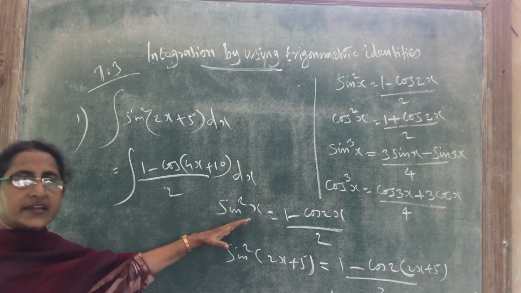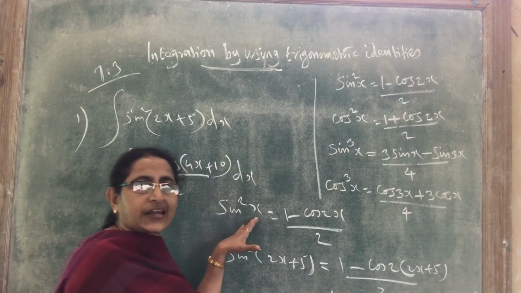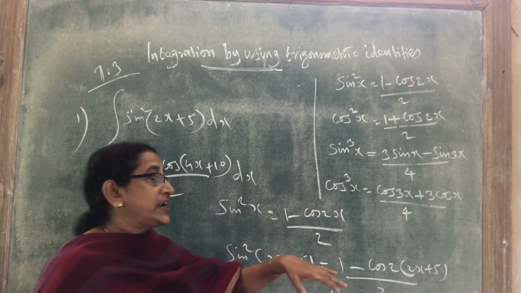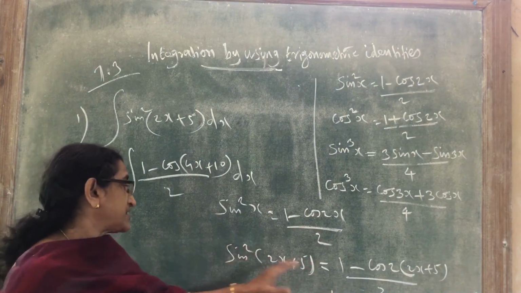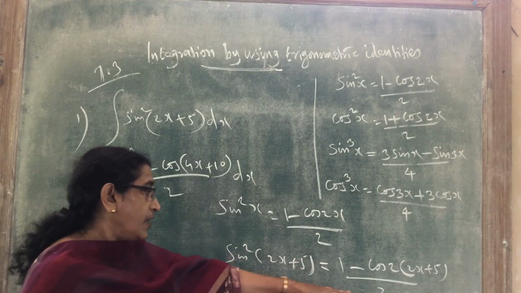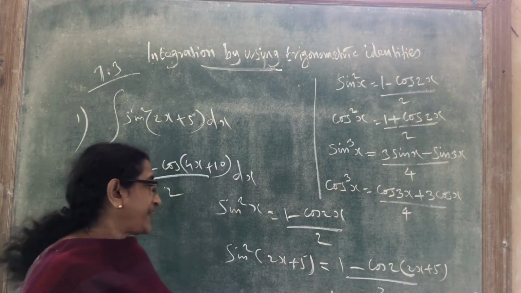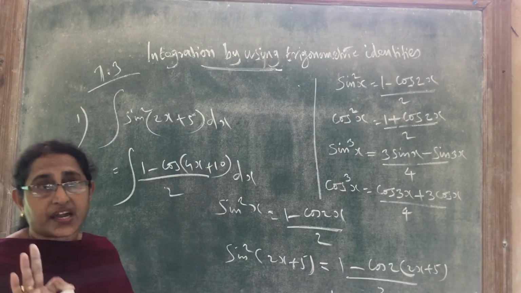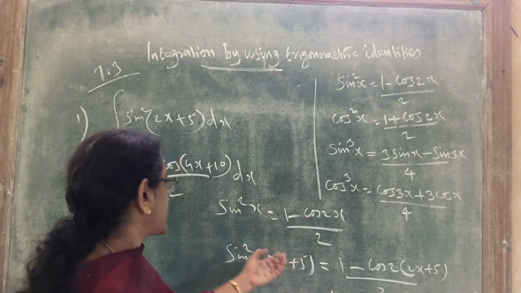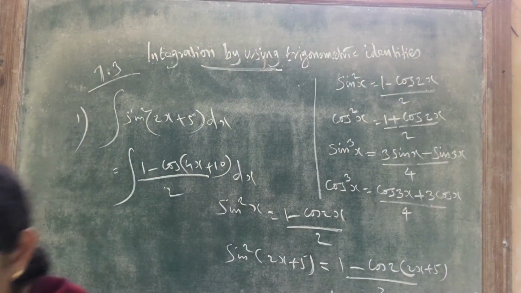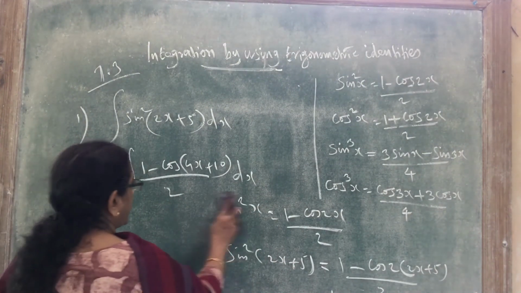Using the identity sine square x equal to 1 minus cos 2x by 2, sine square 2x plus 5 equals 1 minus cos of double of 2x plus 5, that is cos 4x plus 10, whole divided by 2. Only x you need to change into 2x plus 5. No other things you have to change.